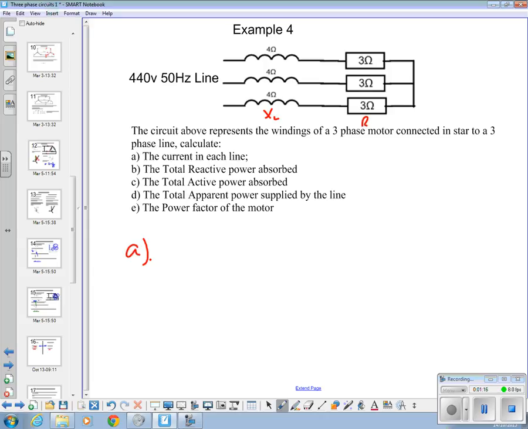If we isolate, we're looking for the current in a line. Current in the line and current in each phase is the same because they're star connected. Therefore, we can isolate just one of these and work on that, knowing that we've got a line voltage, we could easily find the phase voltage when we want to.